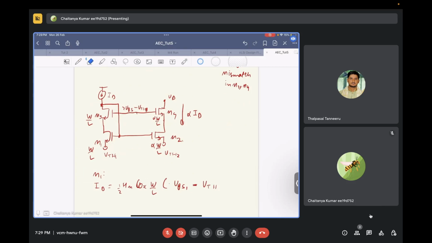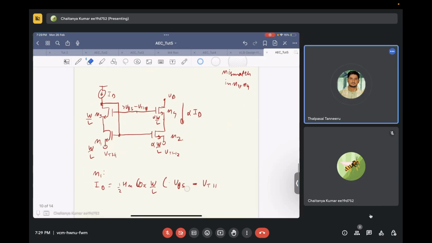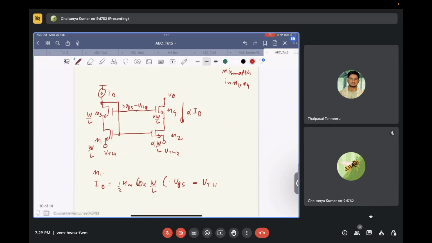The VGS of these two transistors are same, right? Yes, sir.